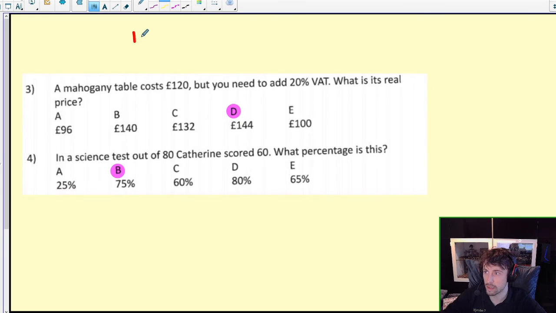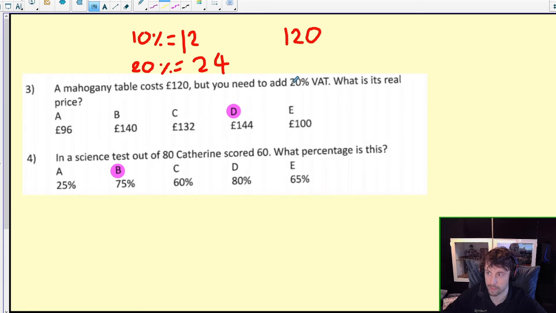Work out 20%. So again, 10% is going to be 12, which means 20% is going to be 24. So now 120 plus the 20%, which is 24, will equal my new price of £144.